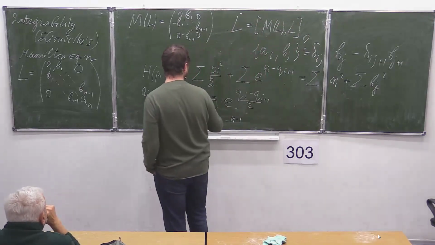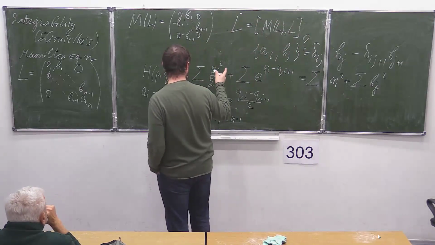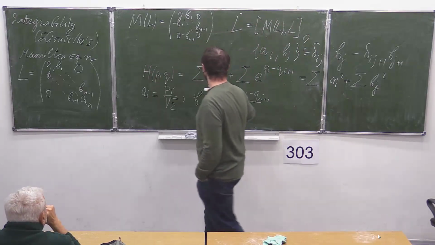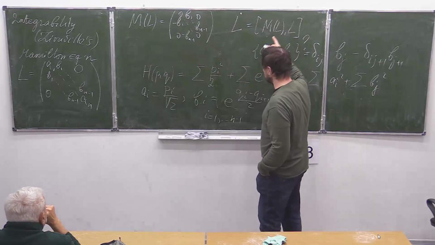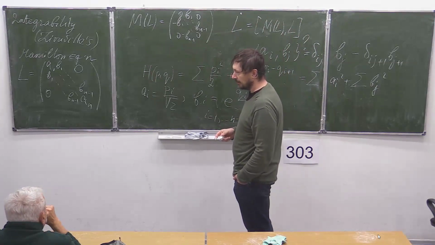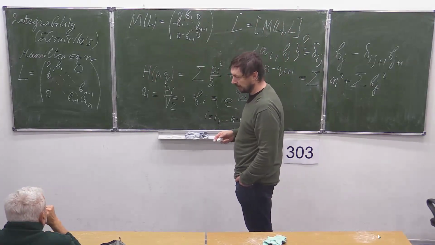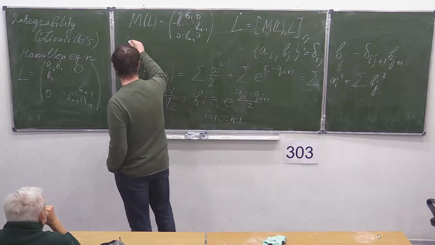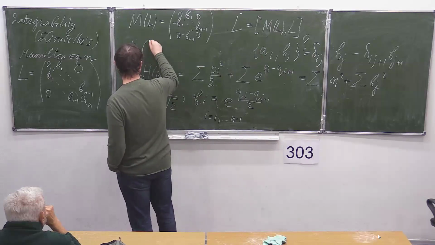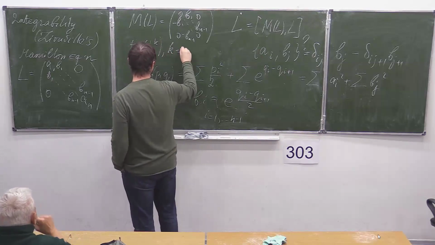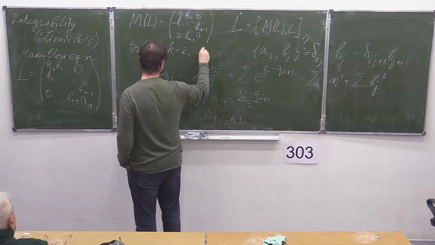Now it is obvious that the invariant functions of the Lax matrix L are first integrals of the system, and it is also easy to see that they're all in involution. For instance, you can take the functions given by traces of L to the power k for k from 2 to n.